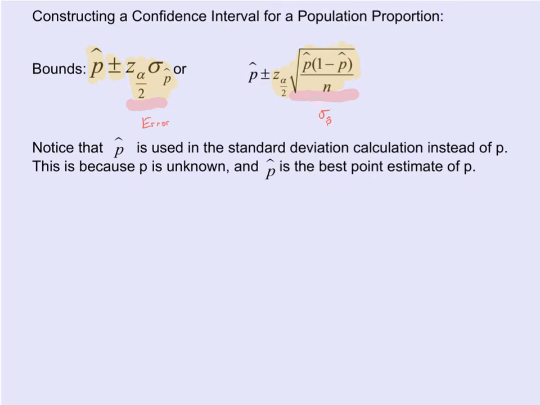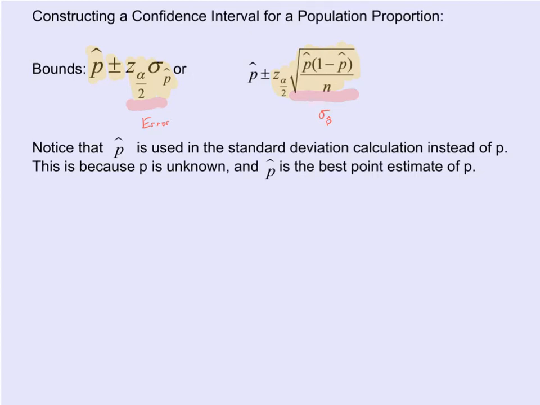The one on the right is more useful. The one on the left is more condensed, I think. And notice that p hat is used in our standard deviation formula. When we did it in the last section, we didn't use p hat because in this case we're estimating what the population proportion is. We don't know it ahead of time, so p hat is our best point estimate for that population proportion.